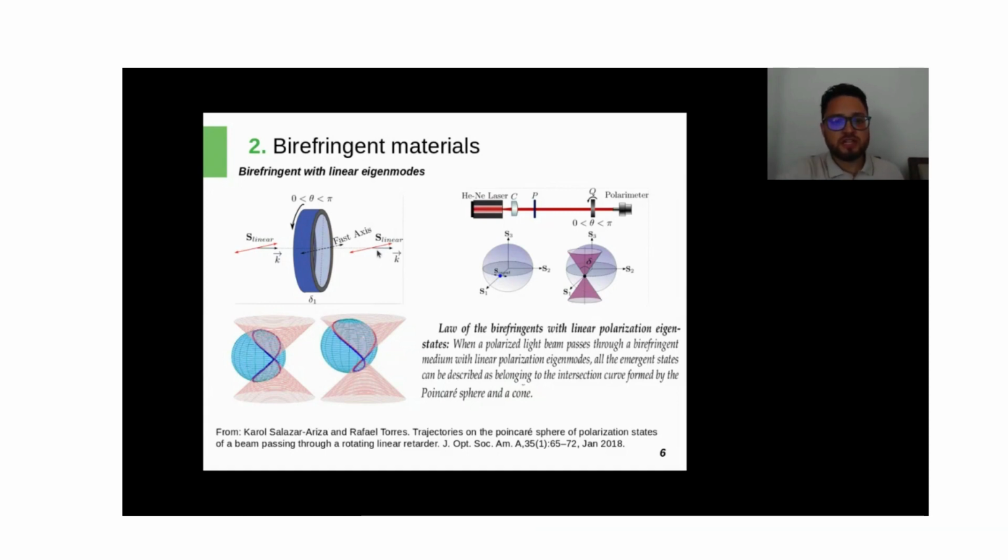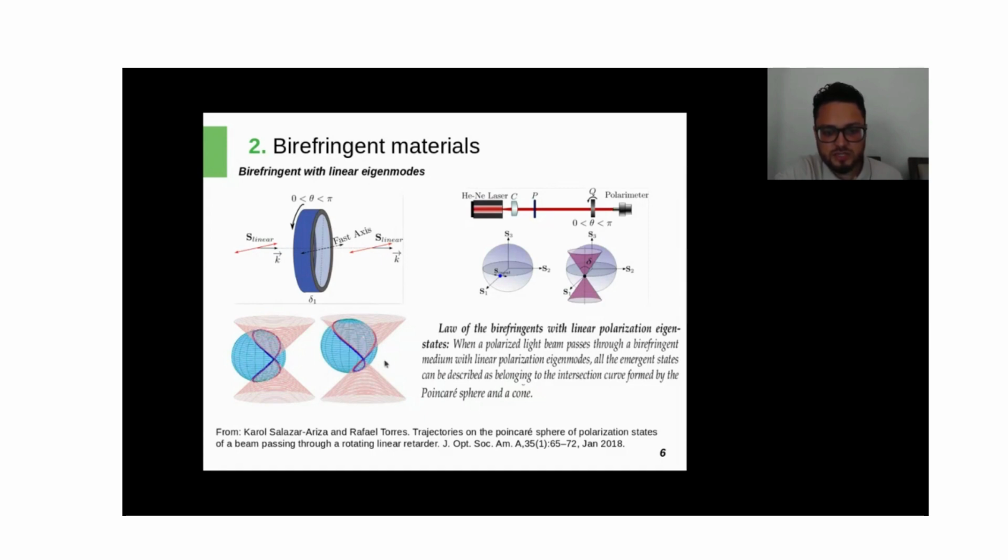So when we rotate this material, we could obtain the modulation of polarized light that, on the Poincare sphere, we could obtain a curve. This has been characterized under the geometrical law of birefringent materials, with the geometric form that all the states that could emerge when we rotate them on the Poincare sphere would obtain this kind of curves.